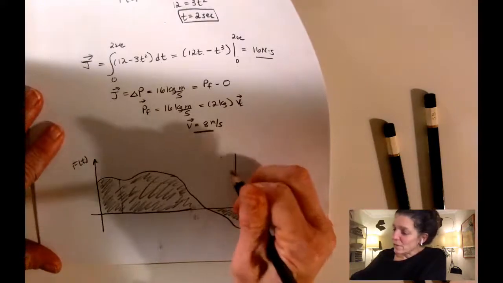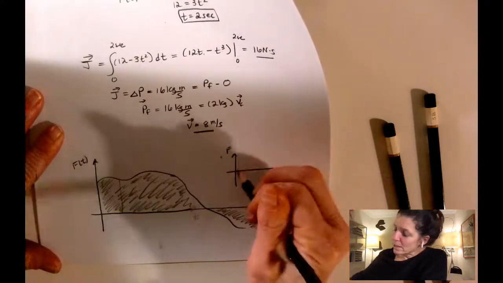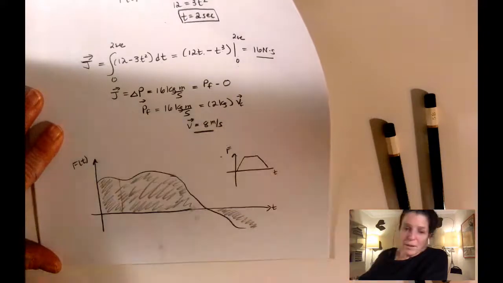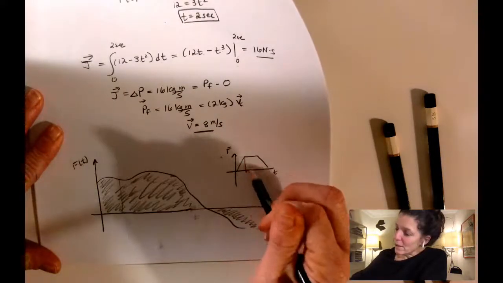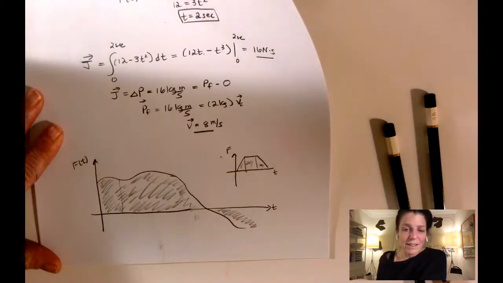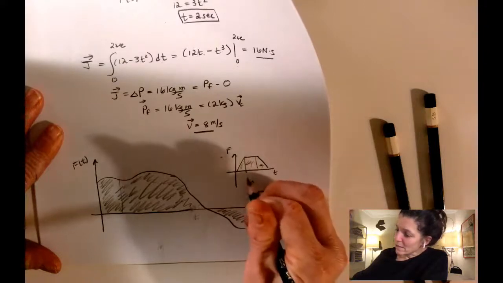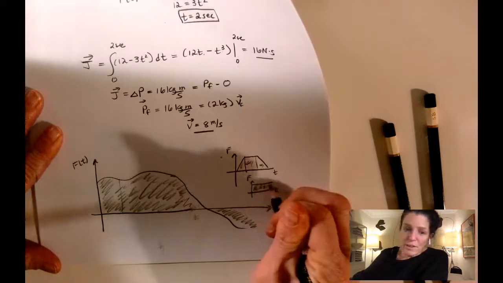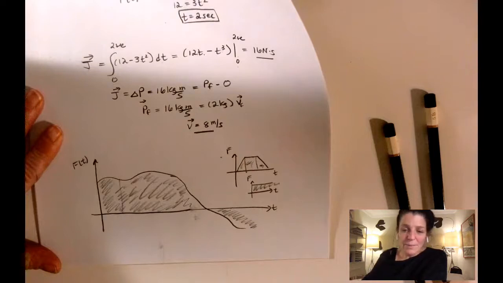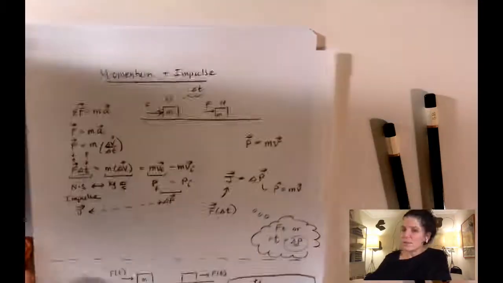If you have a little function, for example, like in your homework, that looks like this, that goes like this, well, you can calculate the area of triangles and rectangles without the need for calculus. Similarly, if it's constant, you don't need anything fancy. It's just the area of a rectangle, right? And so impulse is also the area under a force versus time graph.